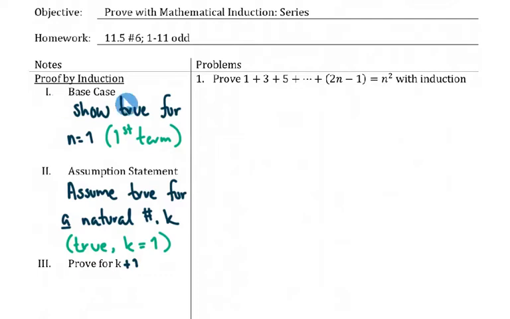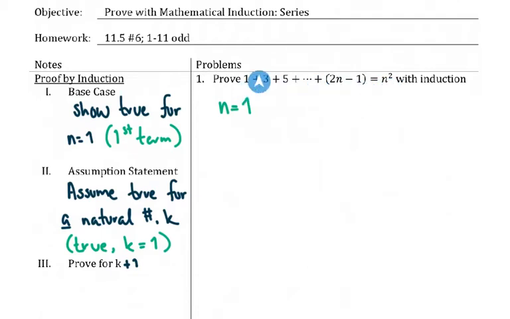And the nice thing is that these first two steps are very straightforward, and you're going to basically be copying and pasting them each time. You're just going to be plugging in the new formula for whichever one it is. So in this case, we're going to start with the base case, and remember we're plugging in the first term, n equals 1, and you're just going to take the formula that it gives you.